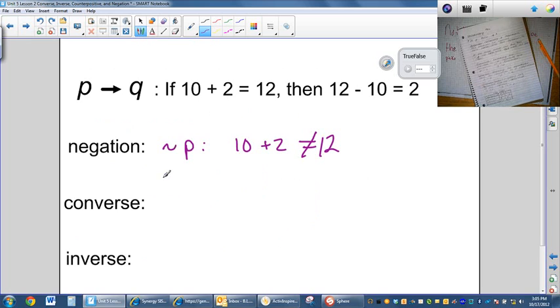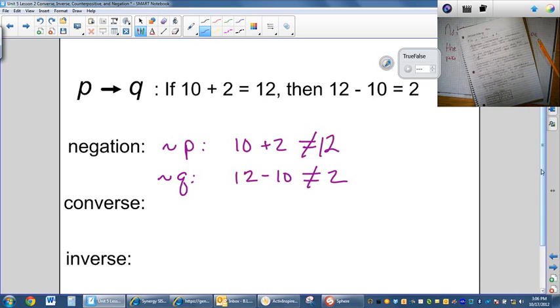And if you were going to negate Q, you would write 12 minus 10 is not 2. I just needed to make sure that you guys knew how to write a negation when it's an equal sign like that. Make sure we're all on the same page.